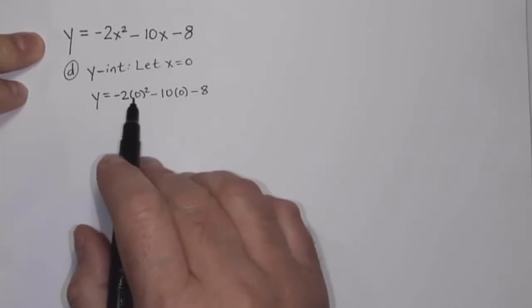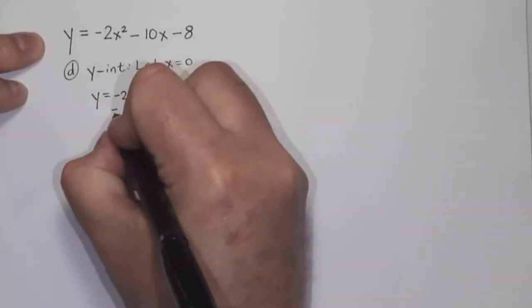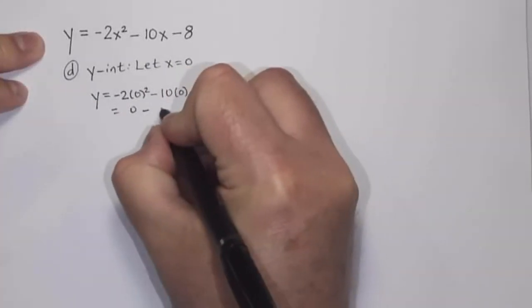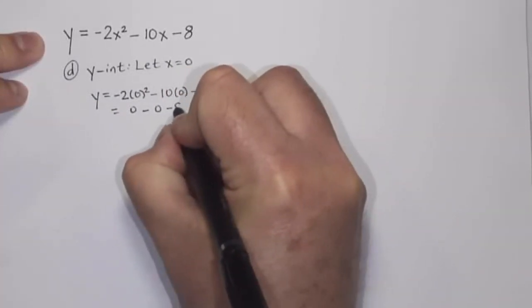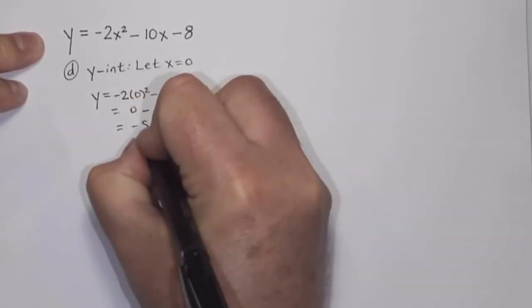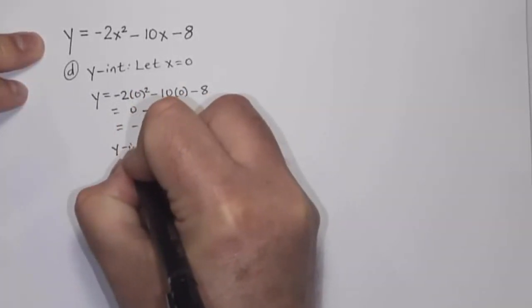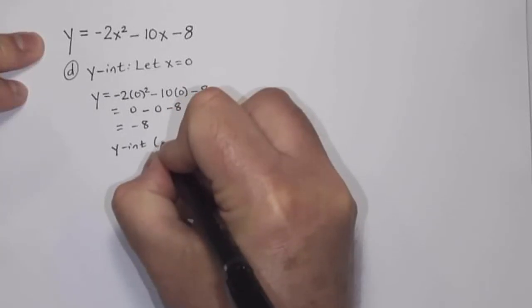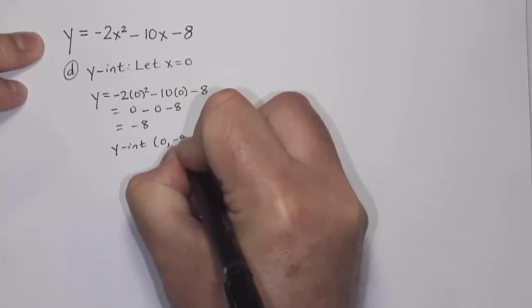Now 0 squared is 0, negative 2 times 0 is 0, minus 10 times 0 is 0, minus 8, and 0 minus 0 minus 8 is negative 8. So our y-intercept is the point 0, negative 8.